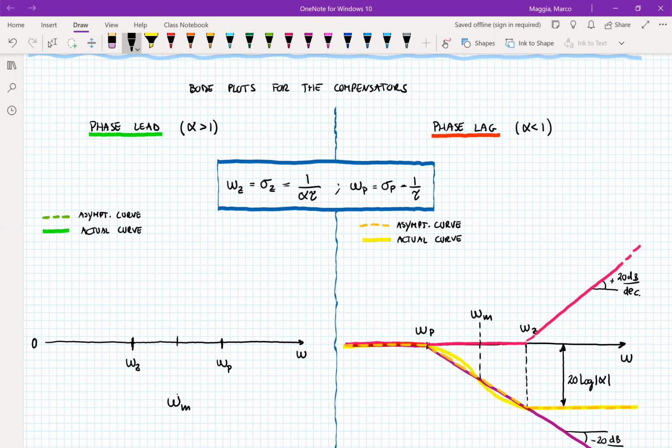So for the phase lead compensator, the frequency associated with the zero is less than the frequency associated with the pole. And for the phase lag, we have the other way around. So the frequency associated with the zero is greater than the frequency associated with the real pole.